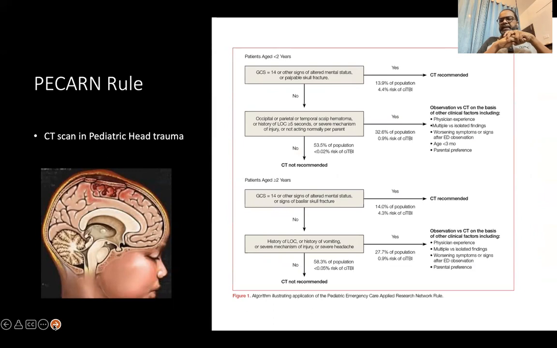The PECARN rule is basically used to decide whether a CT scan is required in pediatric cases. The PECARN rules are different for children below 2 years and those above 2 years.